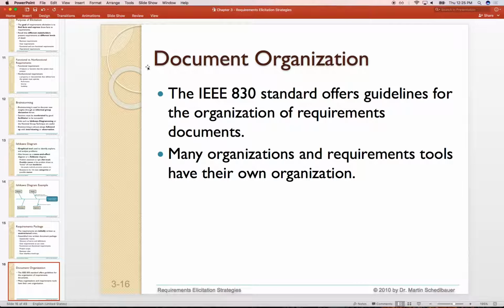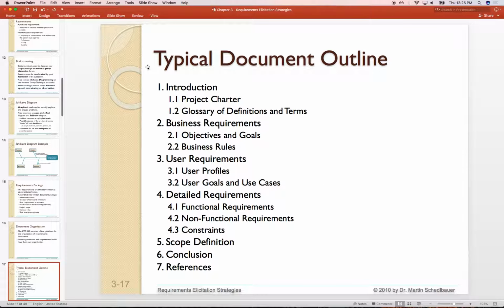But a standard is the IEEE 830 that gives you some guidelines on how your requirements document should be organized. So here's an example of what you might find in such a document. And again, the one you're going to be submitting should follow this structure.